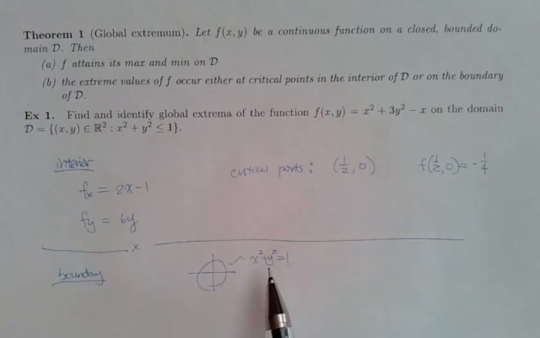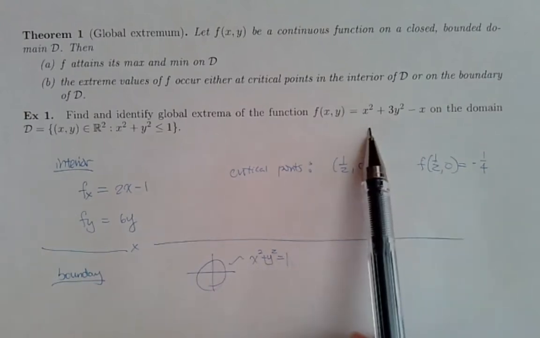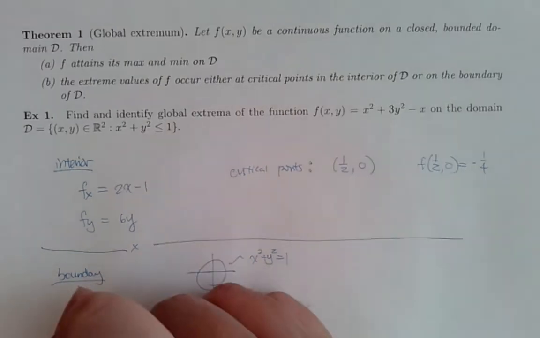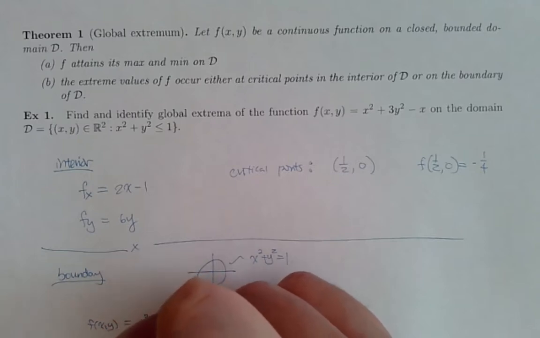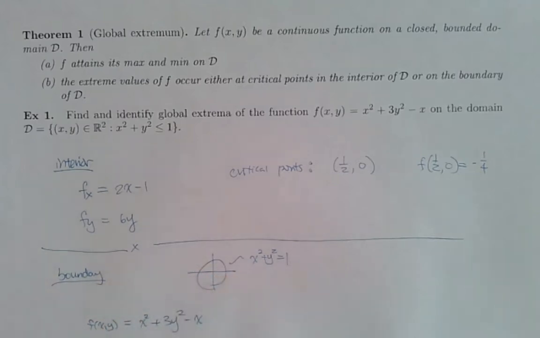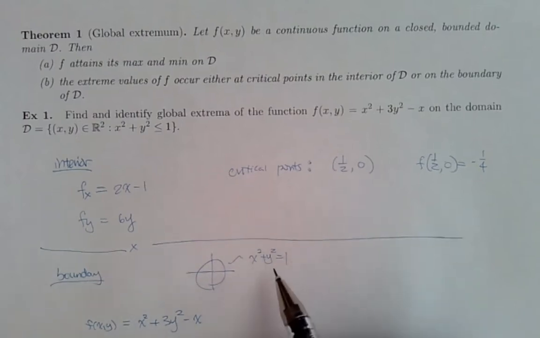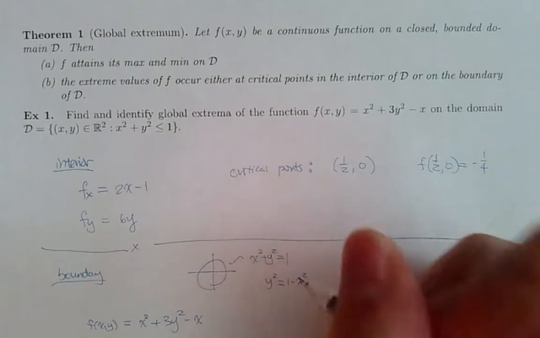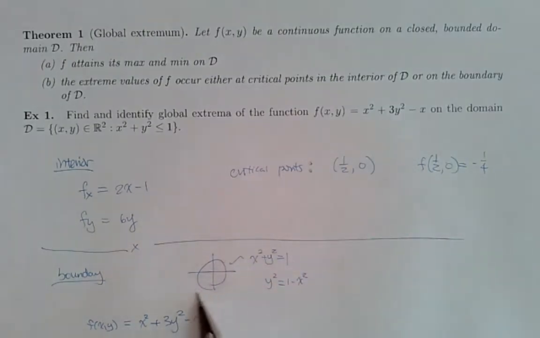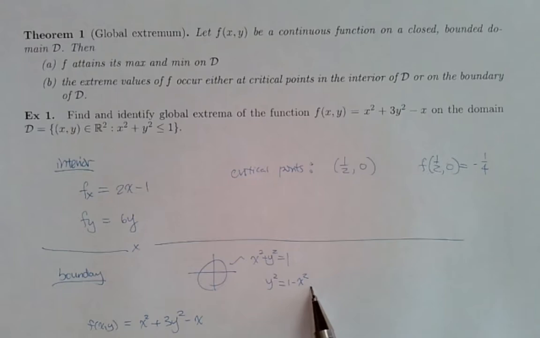Well, if x squared plus y squared is equal to 1, we can rewrite this function and make it simpler. The function is f(x, y) equals x squared plus 3y squared minus x. But y squared is equal to 1 minus x squared on the boundary. We're only caring about the boundary right now. If we're on the boundary, then we have that expression.